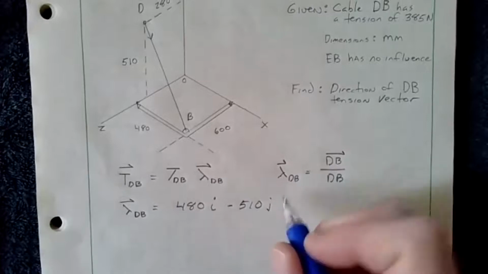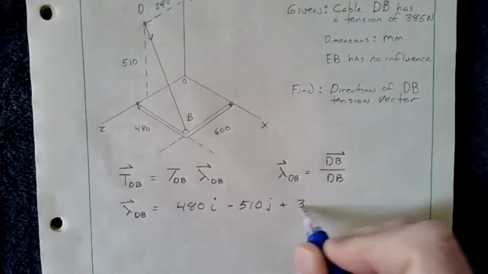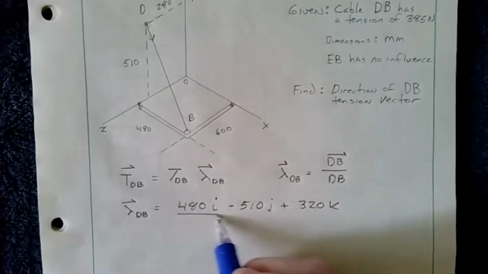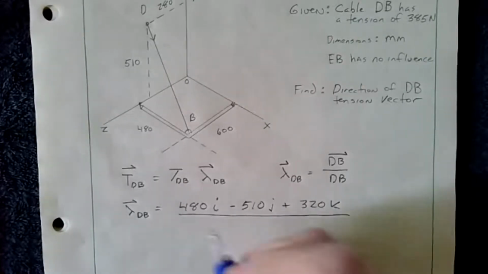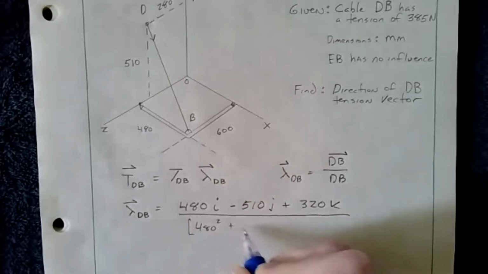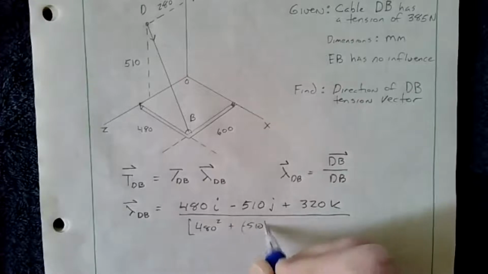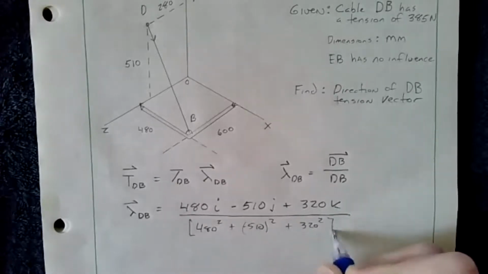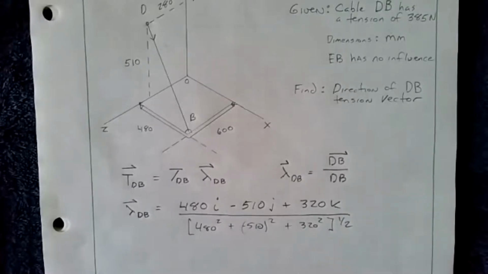So what we're going to get is plus 320k. And then we're going to divide that by the magnitude, which is 480 squared plus negative 510 squared plus 320 squared, all square rooted.